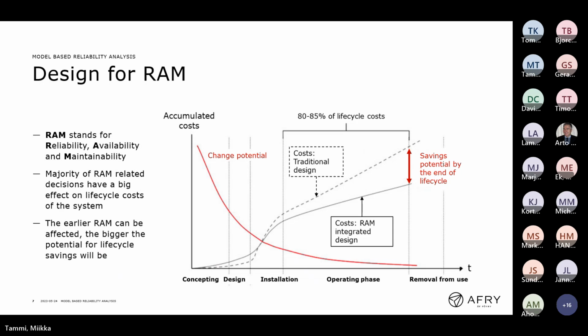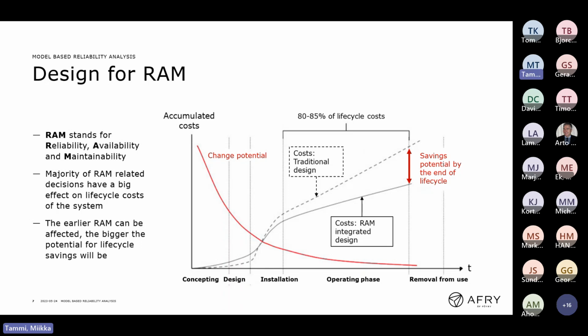These next slides represent design for RAM and model-based reliability analysis. Regardless of the presentation title, I will probably use the acronym RAM more than the word reliability during this presentation. RAM is a bit wider concept and stands for reliability, availability, and maintainability.